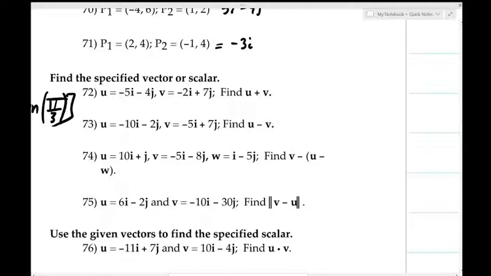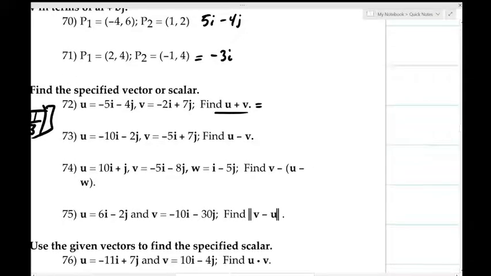So we're going to find the specified application, or the combination. We're looking for u plus v, so the operation is addition, and all that we have to do is combine the respective parts. So combine the i's and then combine the j values, or the coefficients in front of each, right?